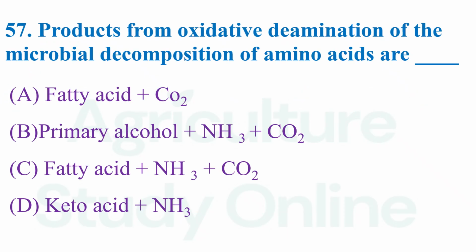Question number 57. Products from oxidative deamination of the microbial decomposition of amino acids are, so oxidative deamination of amino acids, that is common in the microbial decomposition process. Basically, this involves the removal of the amino group, that is NH2 group, and conversion of this amino into keto acids, that is alpha keto acid, and ammonia, that is NH3.